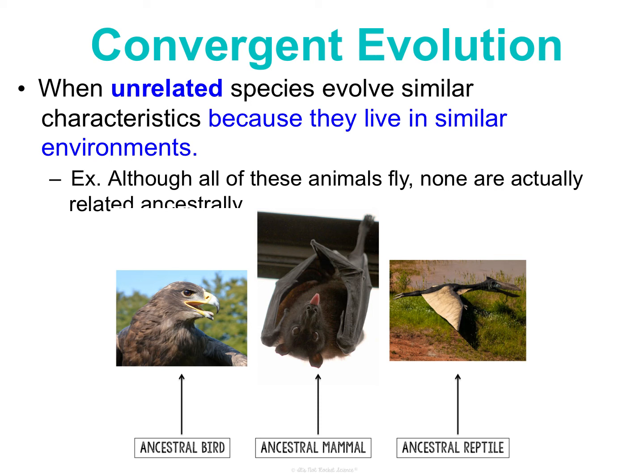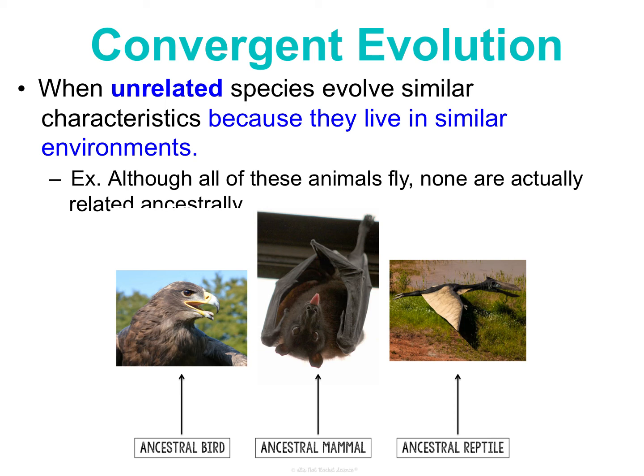This is when unrelated species evolve similar characteristics because they live in similar environments. So they are adapting to that one niche in the environment. And although all of these animals here fly, none of them actually have an ancestor that's closely related. This hawk here is a bird. It's Avis.